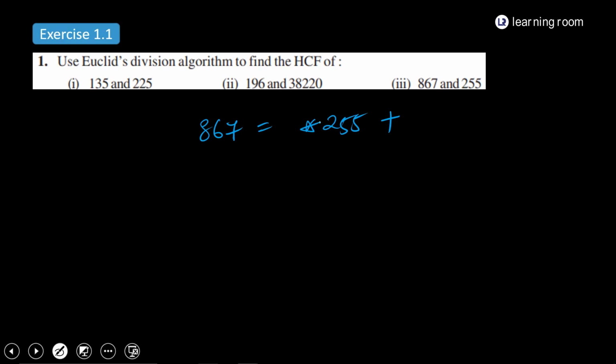So what is the quotient? 3 is the quotient. What is the remainder? So it's 867 minus 192. 192 into 1. 33, sir.